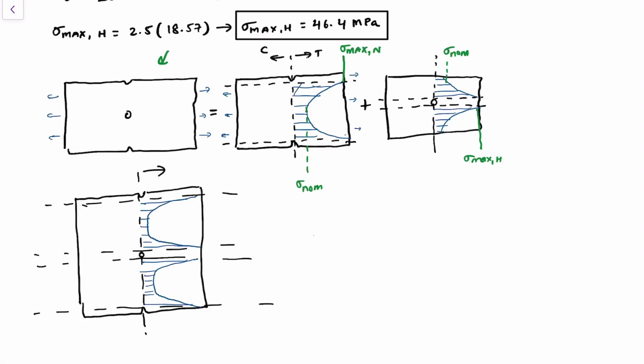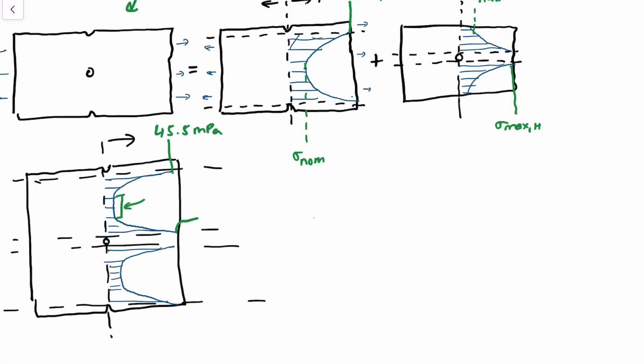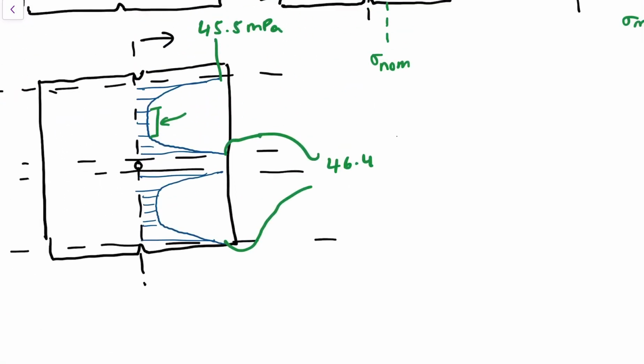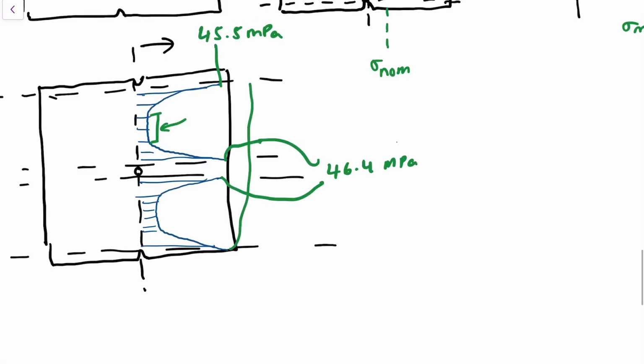So they're far enough such that you have this region over here that makes sure that the two stress distributions don't overlap. And this value here is your 45.5 megapascals, and this value here or here is your 46.4. No, sorry. These two lines are 46.4 megapascals, and this is your 45.5.